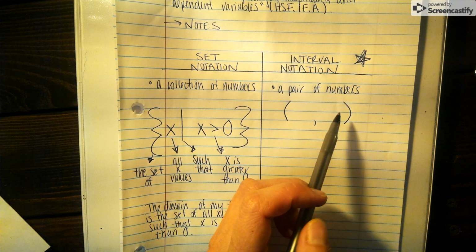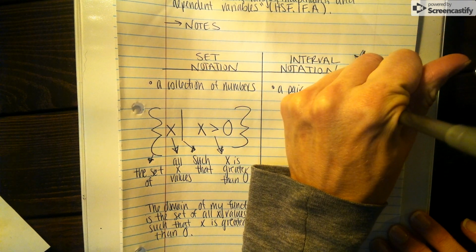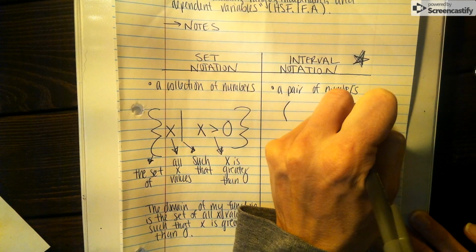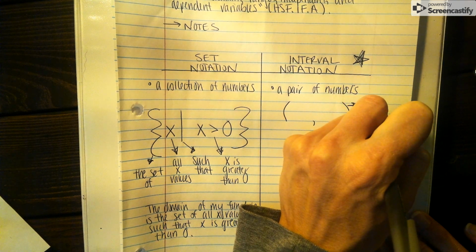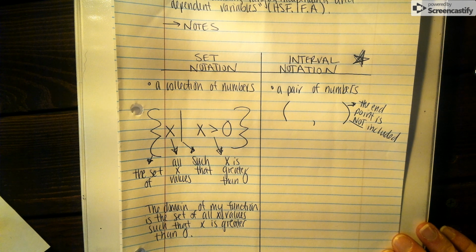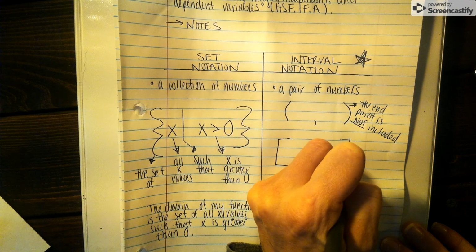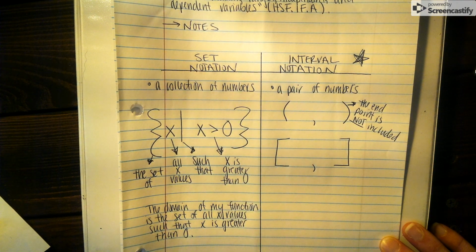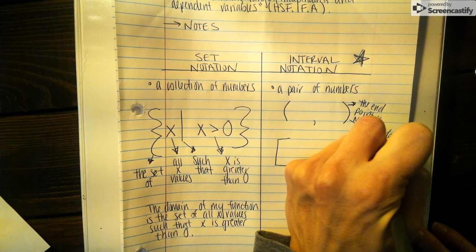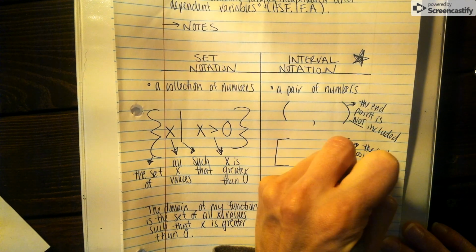Anytime I use parentheses, what this means for the domain and the range is that the endpoint is not included. 2 parentheses. If I use 2 brackets for my domain or range, let's say, these brackets mean the endpoint is included.